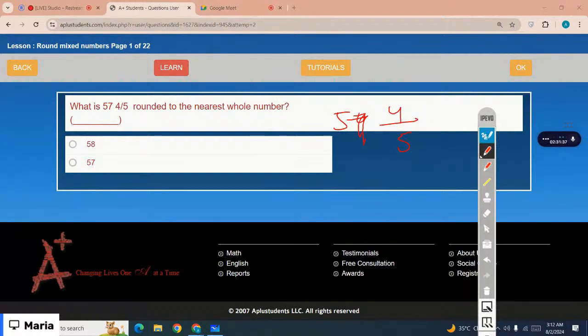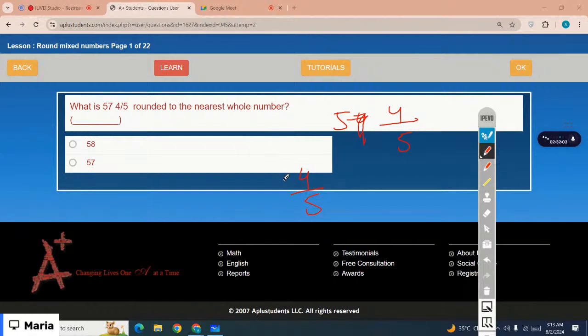You have to compare the fractional part. The fractional part here is 4 by 5. You need to compare it to half. We have done the comparing fractions lesson earlier. If you still need help with the lesson, let me just review. 4 over 5 means a shape has 5 portions, and 4 of them are colored. Only one is left.